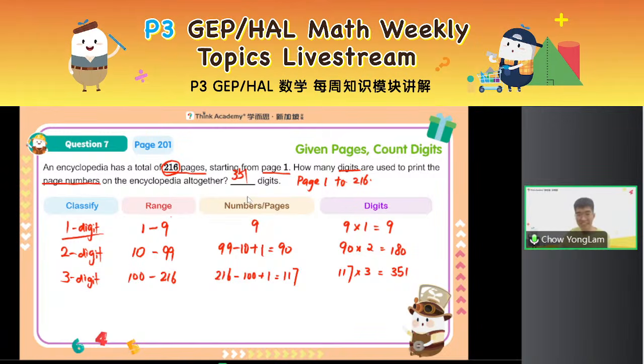No, I am finding the total number of digits. So it is 9 plus 180 plus 351, which is equal to 540. Good job. Some of you are shouting your answers in the chat. The answer is 540.